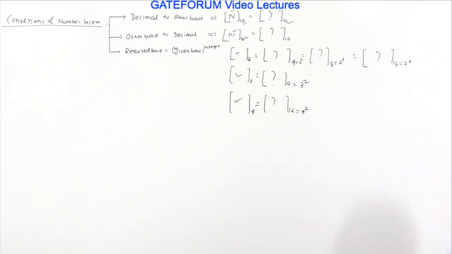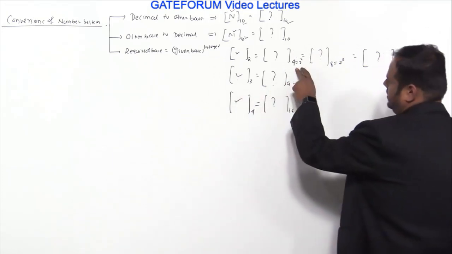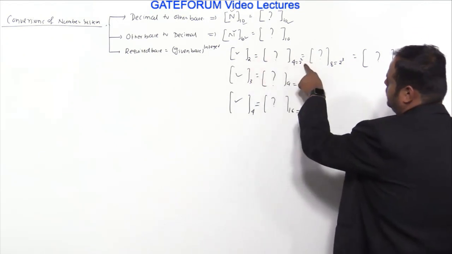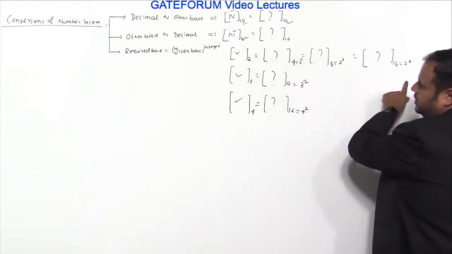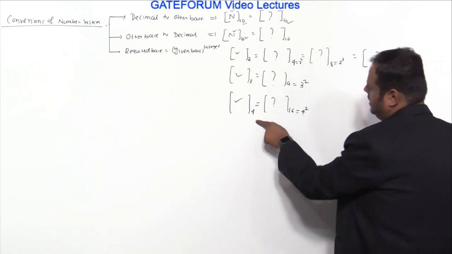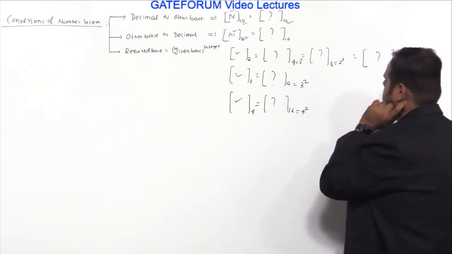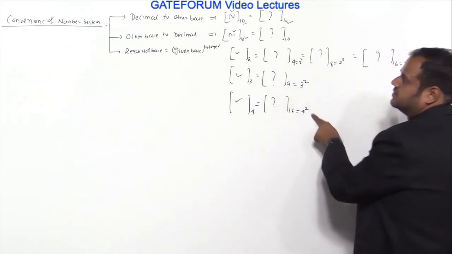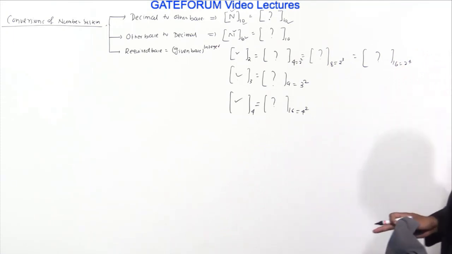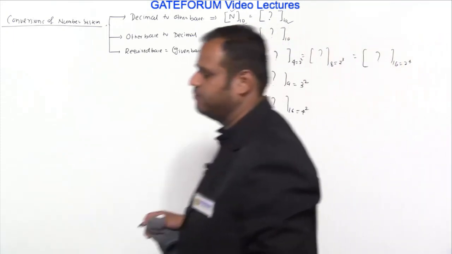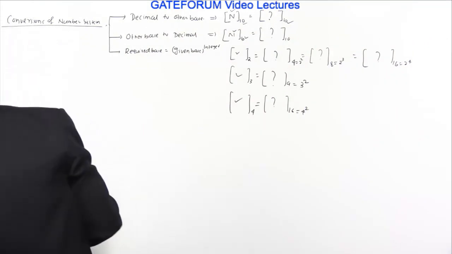So here the required base is the given base to an integer power: 2 power 2, 2 power 3, 2 power 4, 3 power 2, 4 power 2. So these are the three models of problems we may face frequently.